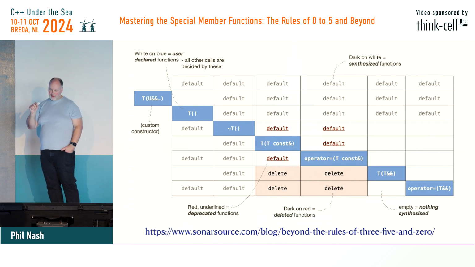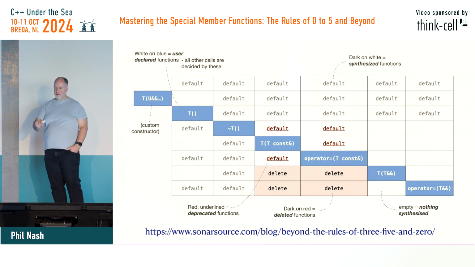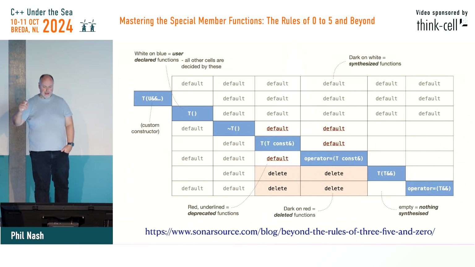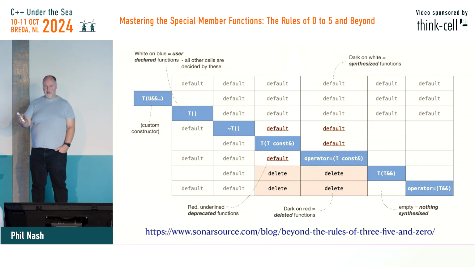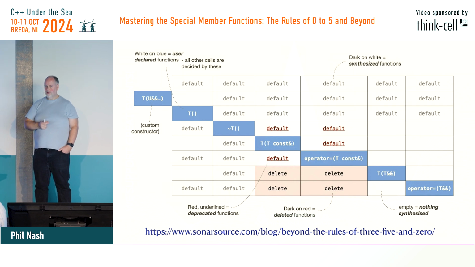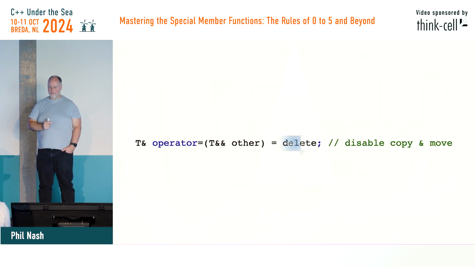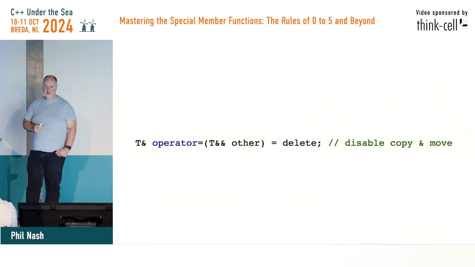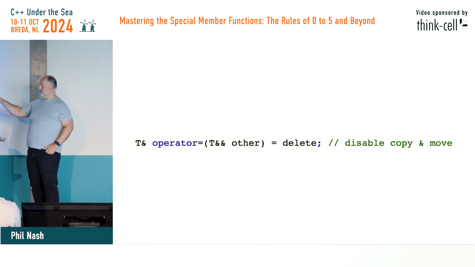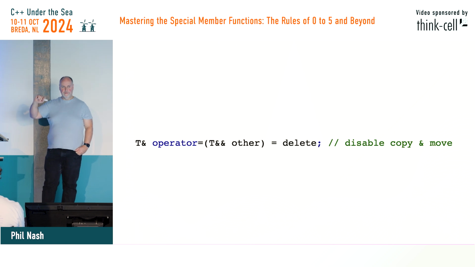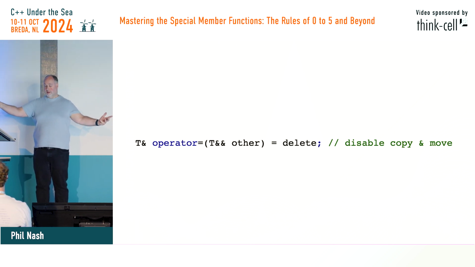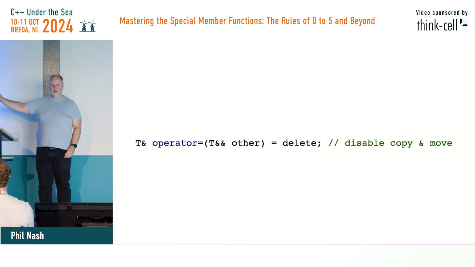If you implement the move assignment operator specifically, if you see right over on the left, you get a defaulted default constructor, which is also generally what we want. Which means if you just write this, a deleted move assignment operator, that disables copy and move without disabling the default constructor. One line.